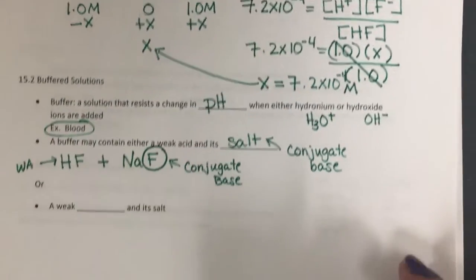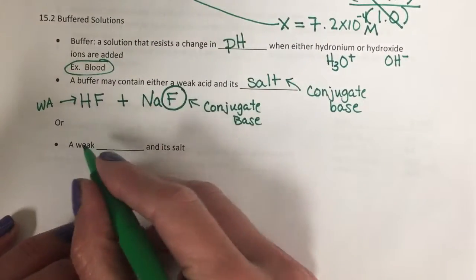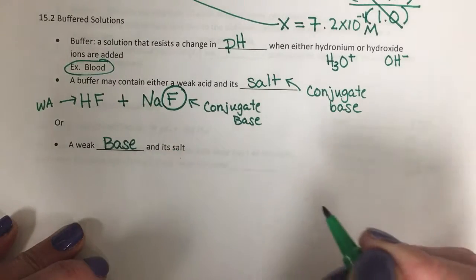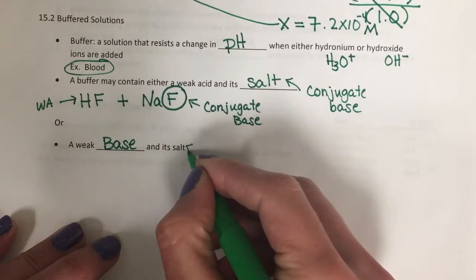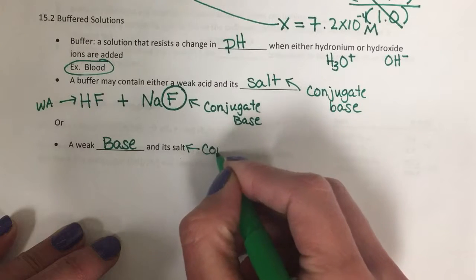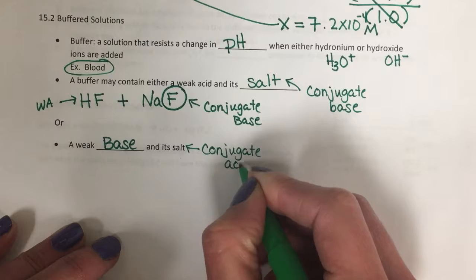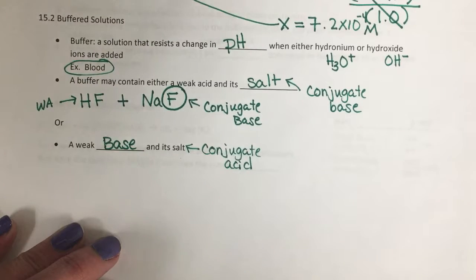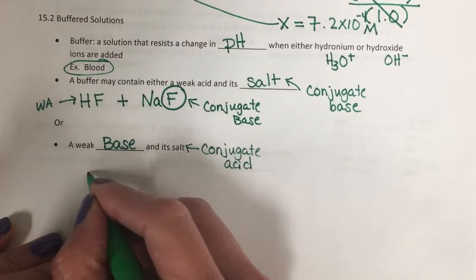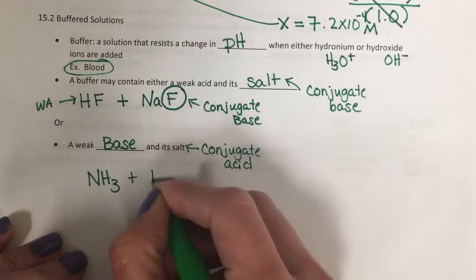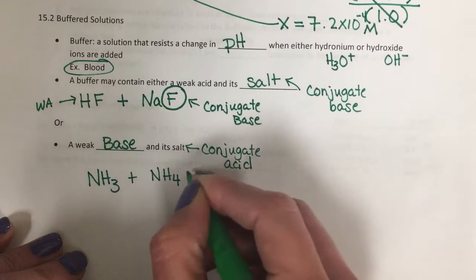Or a buffer can contain a weak base and its salt. Again, you'll often hear me call this the conjugate acid. So the example we talked about before was ammonia with ammonium chloride.